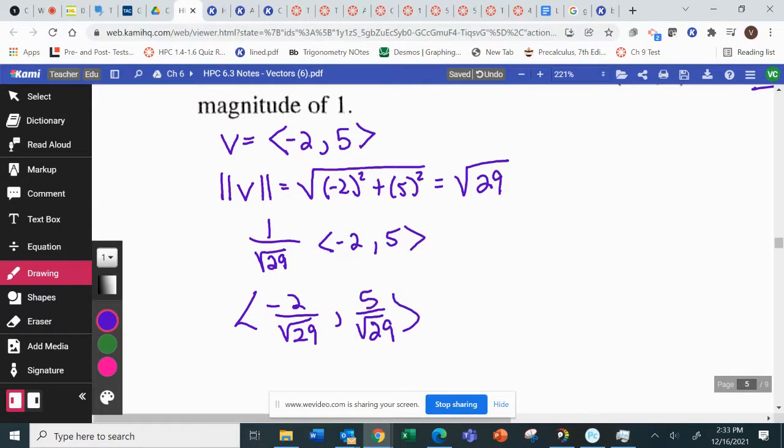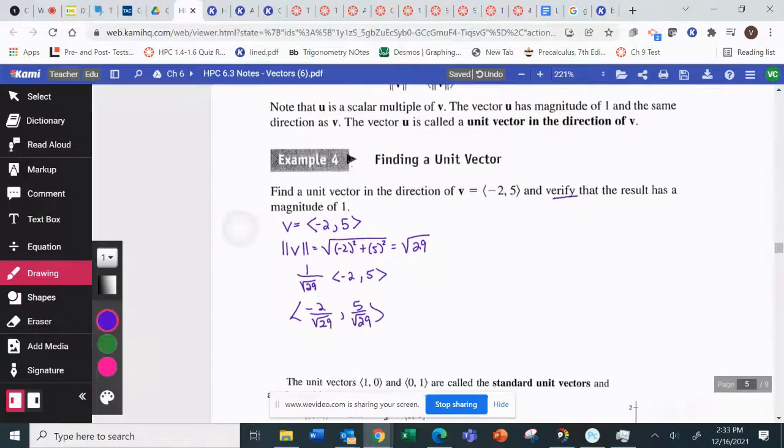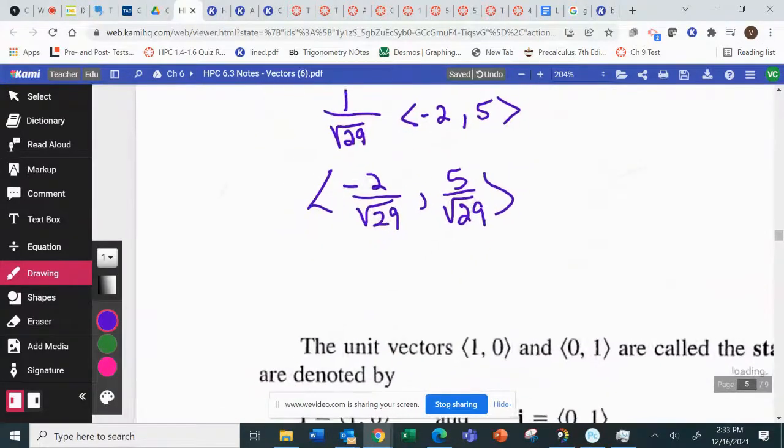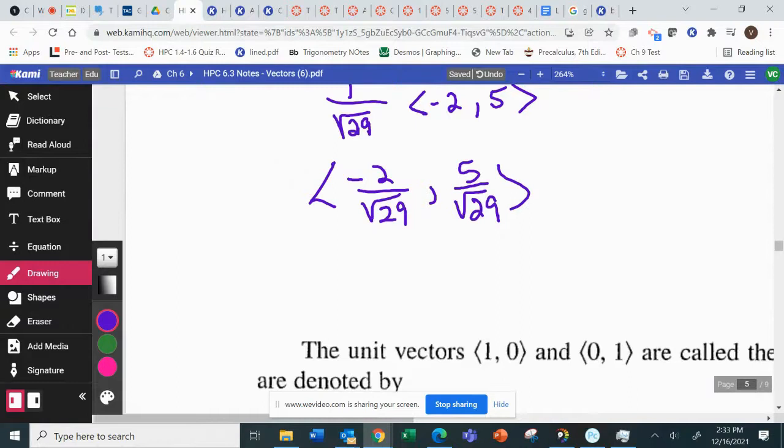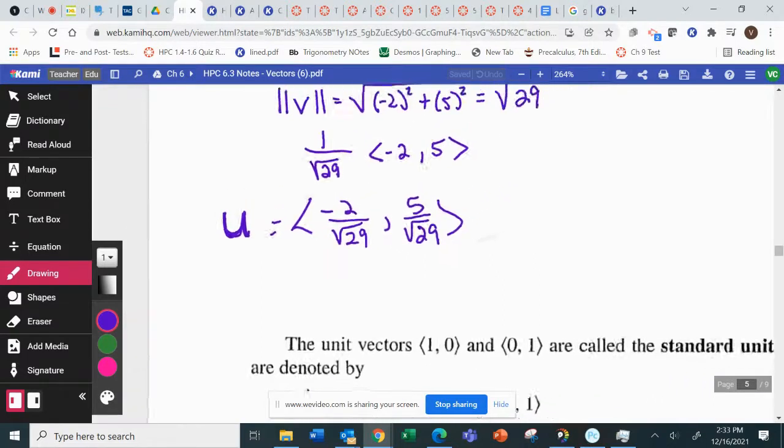Don't worry about rationalizing it right now. We all know how to rationalize with just a radical by itself down there. Easy stuff. Okay, so this should be the unit vector. We'll call it U because unit.